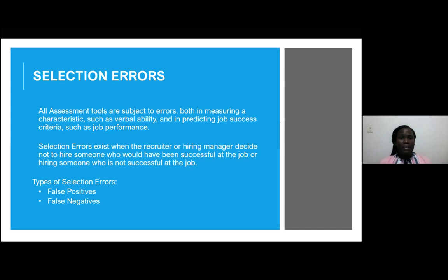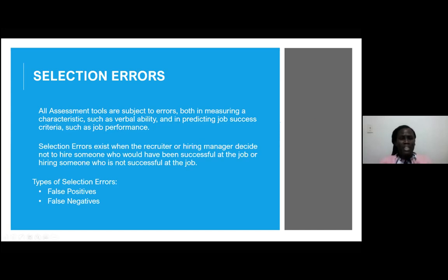You may say to them that they were not considered for the post. And this person was later selected in, let's say, a rival company of yours. What you find happening is that you may hear news of this person really being successful in this organization. And then you're looking like, whoa, this person would have really been a good hire, a good fit in our organization. So that's what we mean by false negatives.